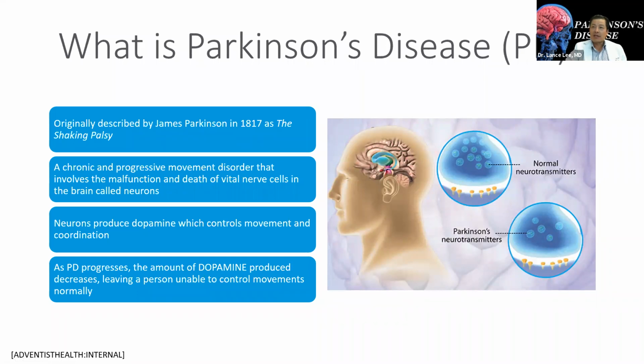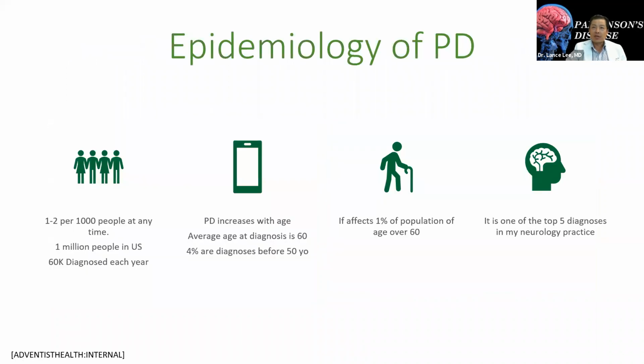There's a nice picture on the right side about neurotransmitters and how it works. We have more pictures coming. Let's briefly talk about the epidemiology of Parkinson's disease. It is a very common disease. I would say the number of Parkinson's patients is almost comparable to the number of strokes per year, and it does increase with age. The average age at diagnosis is about 60 years old, and 4% are diagnosed before age 50, so even young people can be affected.